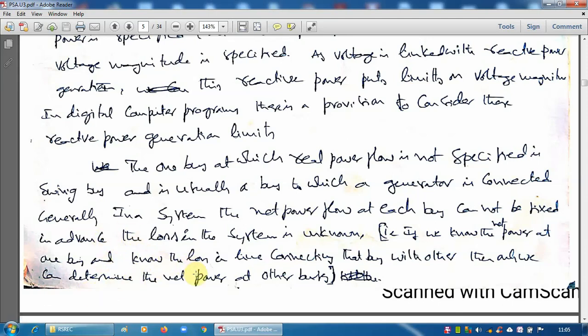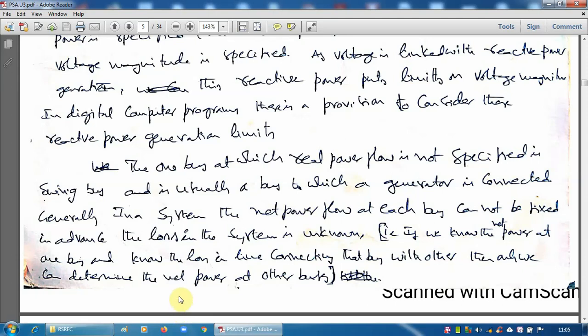At the last step, we calculate the power at this bus, and the power at this bus represents the losses in the system. Like that, we will keep one bus aside without considering it in the process of computation. That bus is known as slack bus, and this same bus is considered as a reference bus also for bus voltages. So this bus is called slack bus or reference bus.